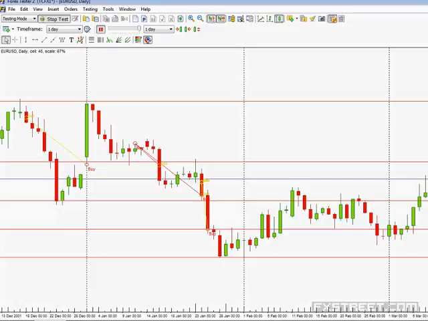The other very interesting thing about this setup is it seems to be at an extreme high. The reason I say that is because if I look to the immediate left of this formation, I don't see very many bars in the way.